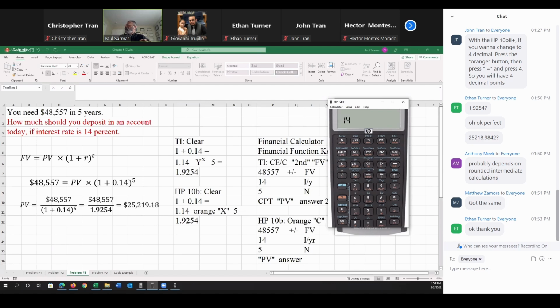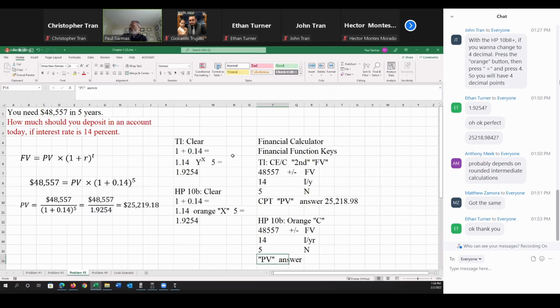Then I have 14 I, 5 N. And then you press present value. You get the exact same answer, 25,218.94.